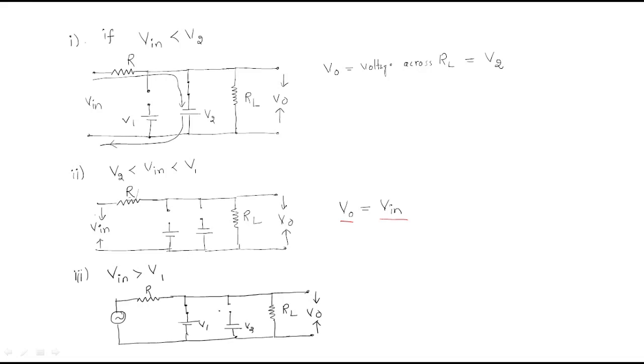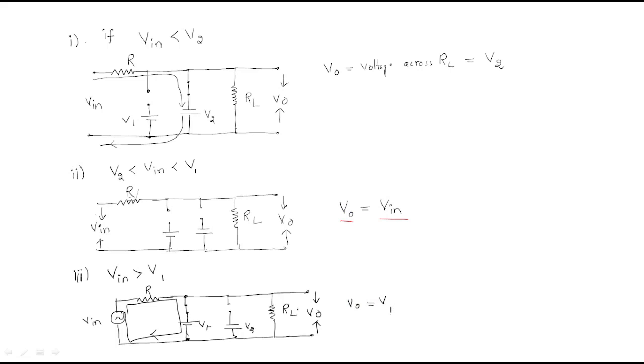So now we will write like this. The branch voltage across the conducting diode is V1, so the output voltage is also V1.